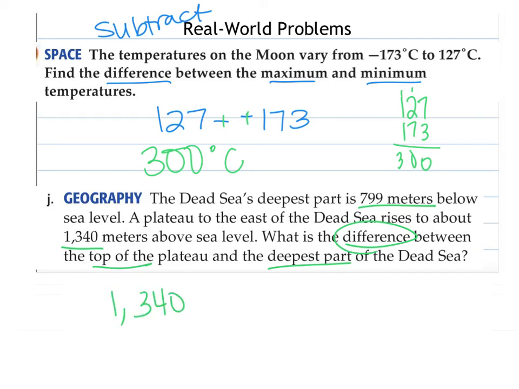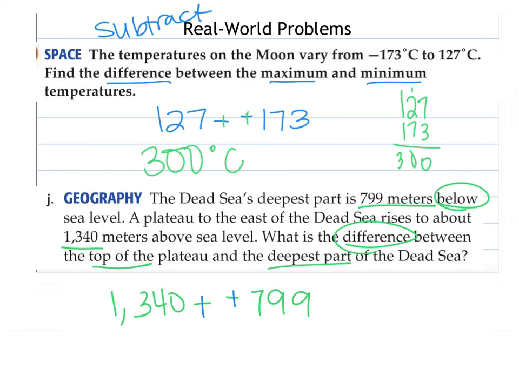And we're looking for the difference, so we're subtracting. And then we're looking for the deepest part of the Dead Sea, which is 799 meters below. Since we are looking below, that means it's a negative 799. Okay. Now, in order to subtract for this one, I'm going to chop, chop. So I make it addition, change the negative to be a positive.